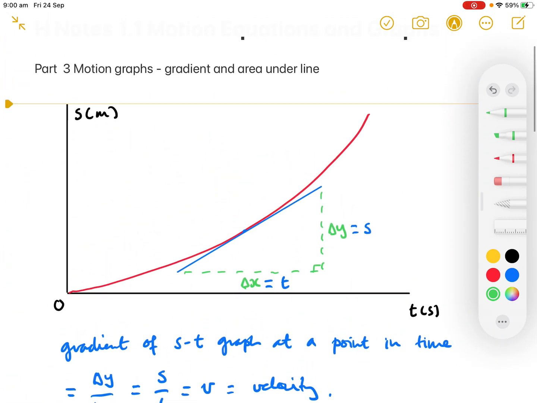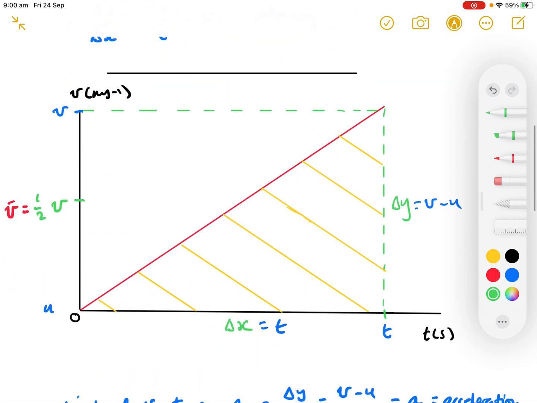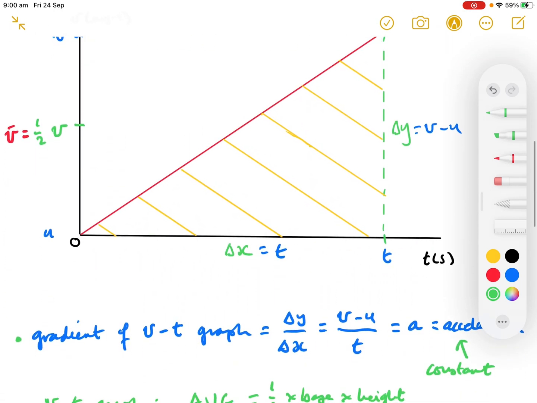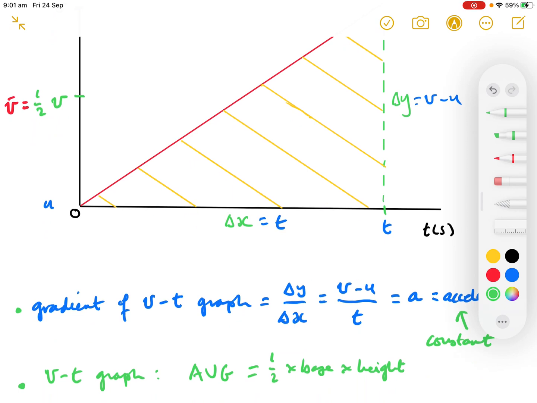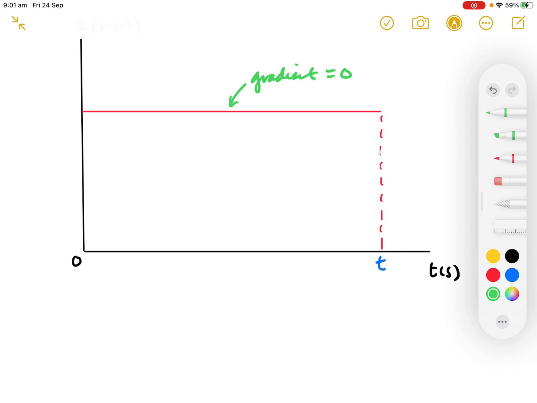Just going back up to the displacement time graph, you'll notice we look at the gradient of that graph, but the area under that graph is of no significance to us. But for the velocity time graph, the gradient and the area are significant. So that is how we can usefully use the gradient and the area under the graph.